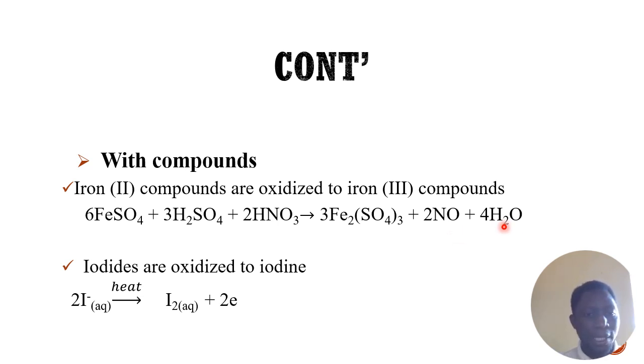Another thing which is important: iodides are oxidized to iodine. This is the iodide ion, and then it produces iodine. Remember, iodine is a solid in nature, but here it forms in the presence of nitric acid.